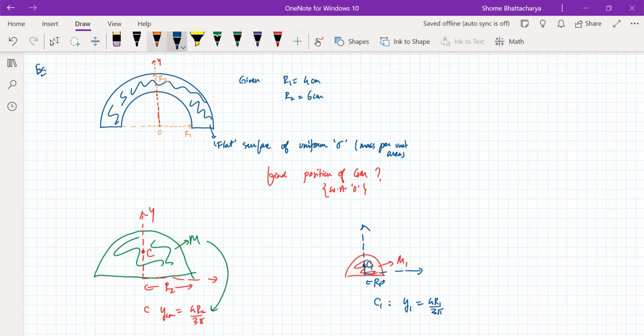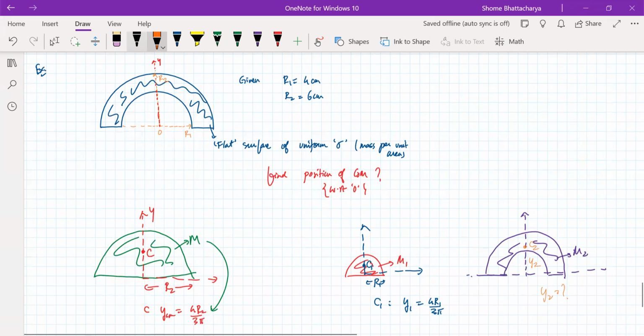Okay, so now the unknown center of mass that I'm trying to find out is this body's. So let's say this body's mass is m2, and its center of mass is at some position C2, which I don't know. So its center of mass is somewhere here, where this y2 I don't know.